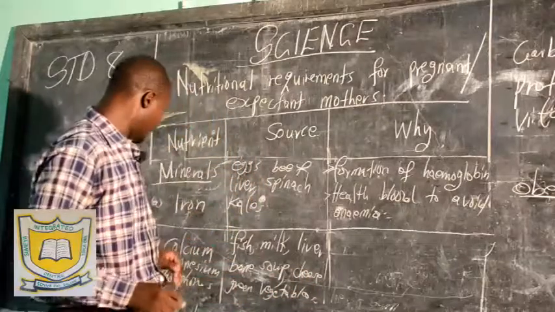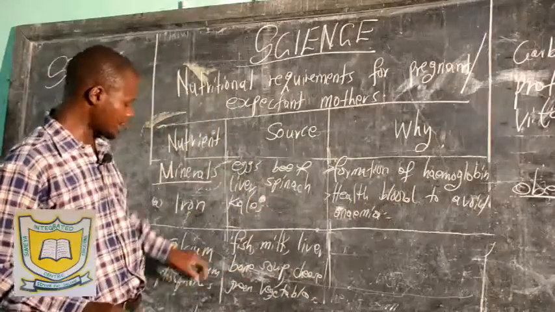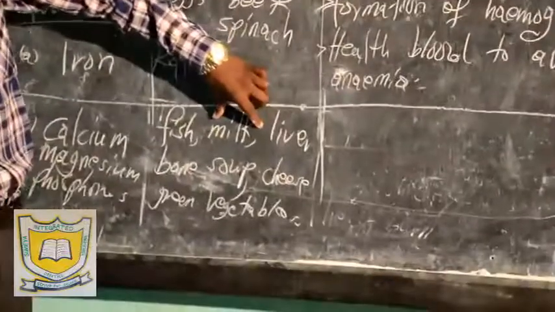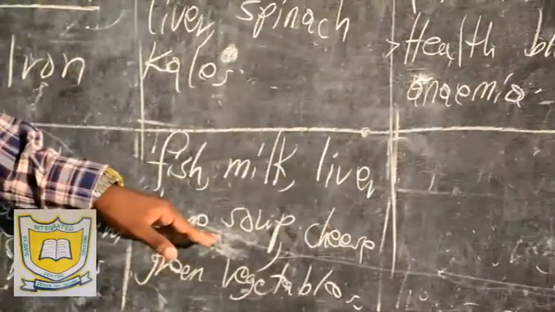These are the sources of calcium, magnesium, and phosphorus. We have fish, milk, liver, bone soup.